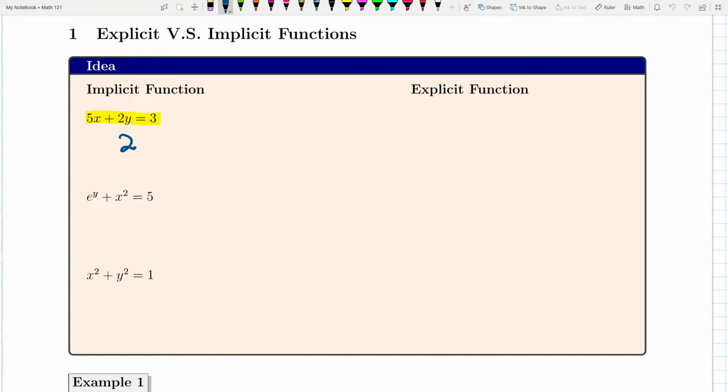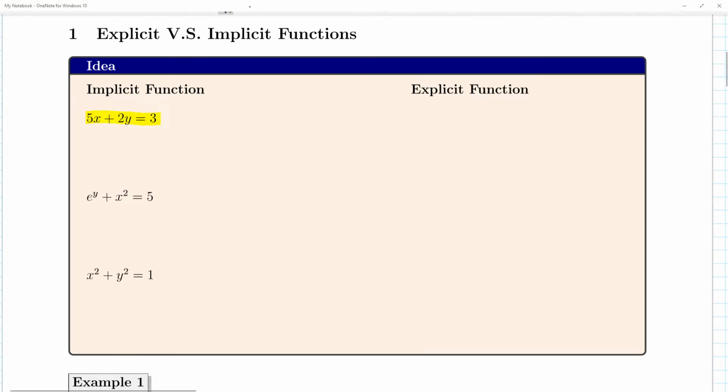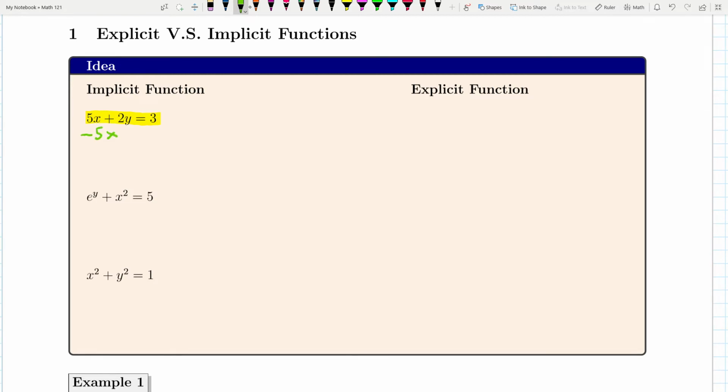First we need to subtract 5x on both sides to get 2y equals 3 minus 5x.